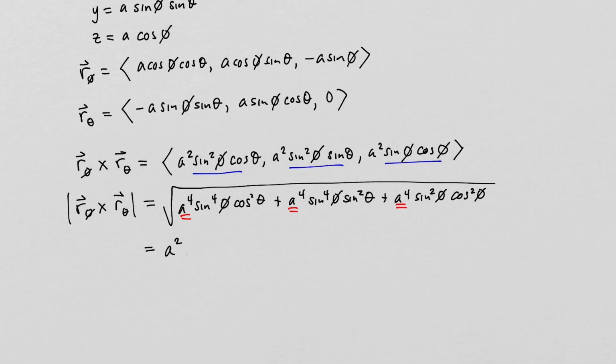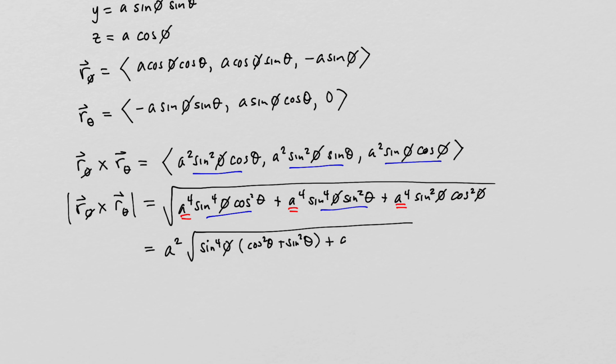Notice out of the first two terms here, we can pull out sine to the fourth of phi, and then we have cosine squared theta plus sine squared theta, which is really nice because that's equal to 1. Then we have plus sine squared phi cosine squared phi. All right, so like I said, this is equal to 1, so this is going to go away.